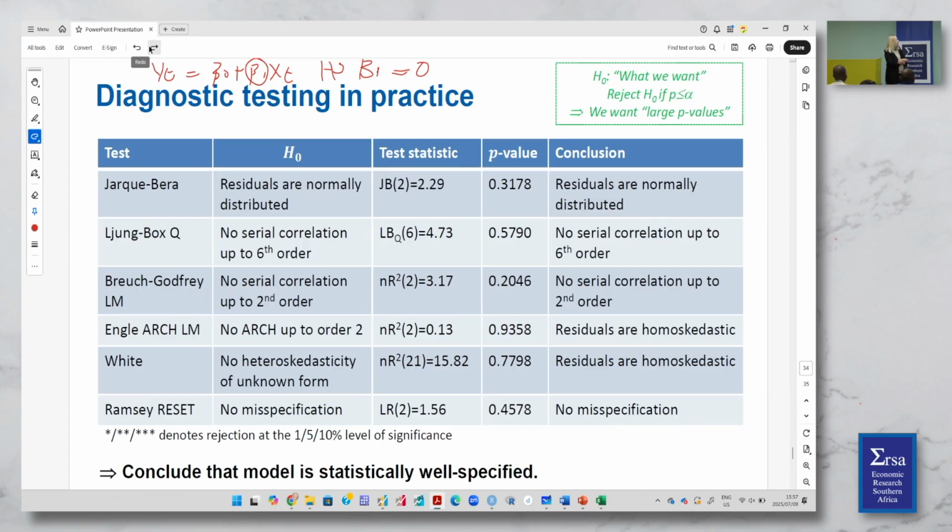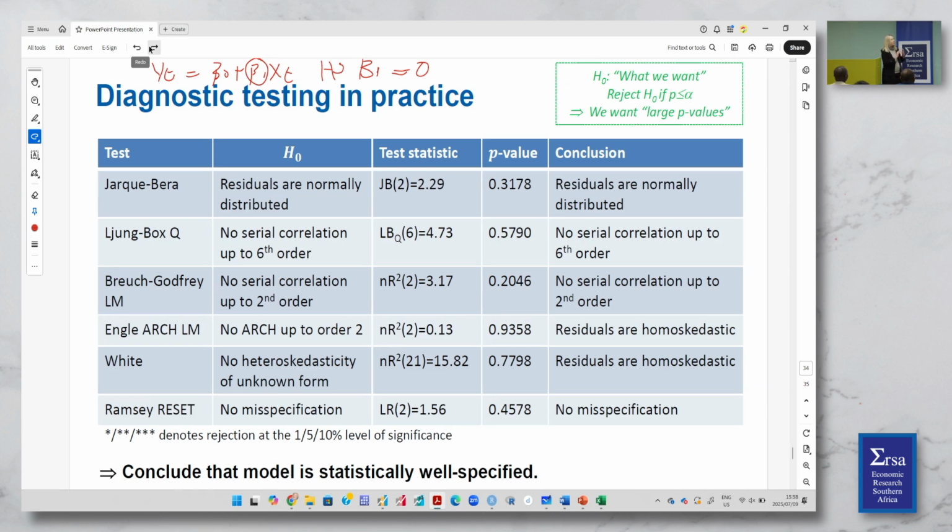And yeah, so most of them will be test regressions, so the Ramsey RESET. There's a likelihood test, and what's the other test that we will do? The likelihood ratio. That's the one that we report.